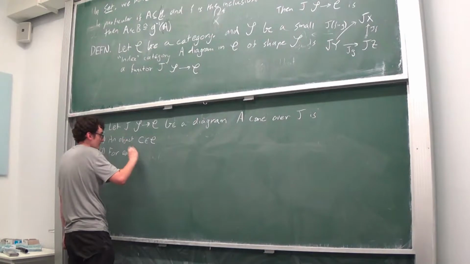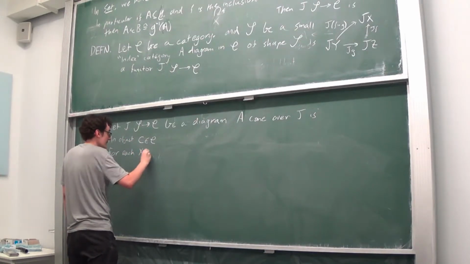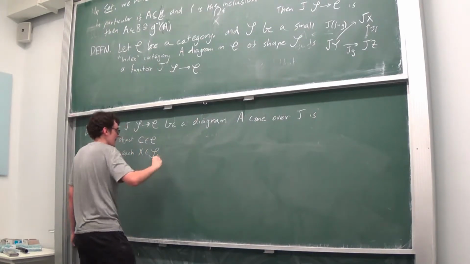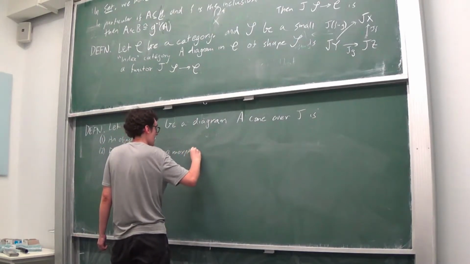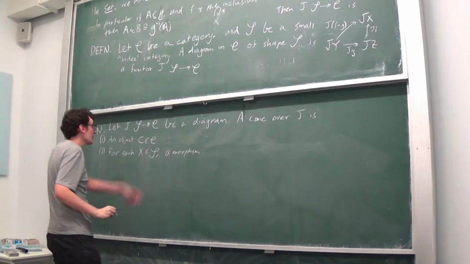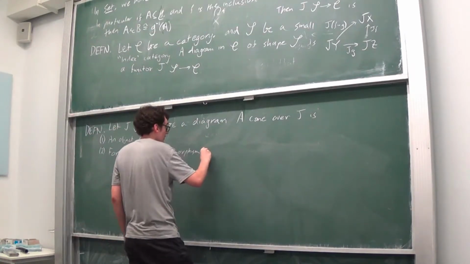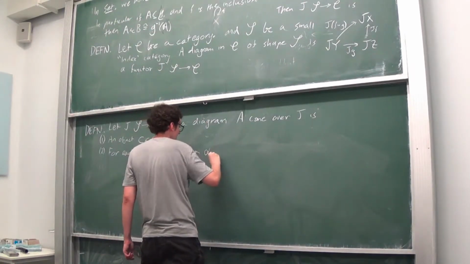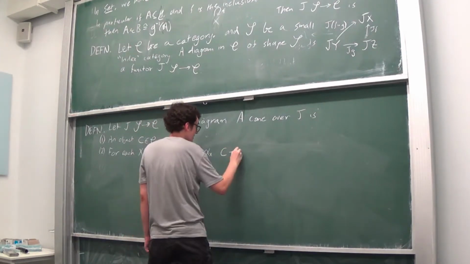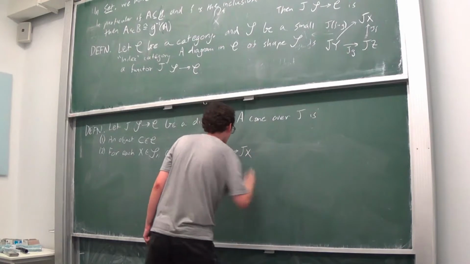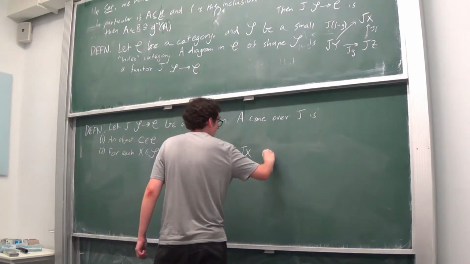So for each object X in J, we assert the data of the cone contains a morphism, which I will denote alpha X, which goes from C to JX. And so that's a morphism in the category.